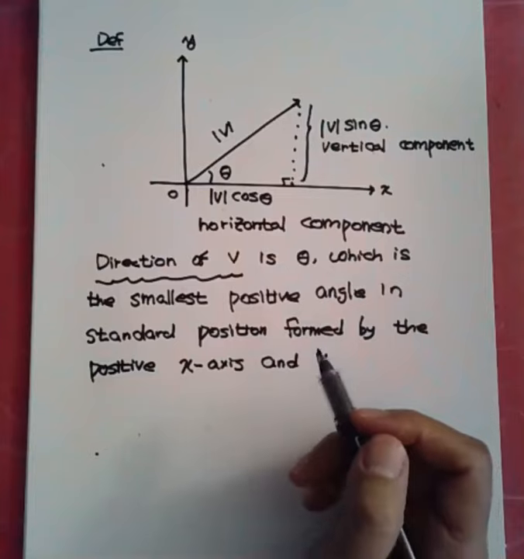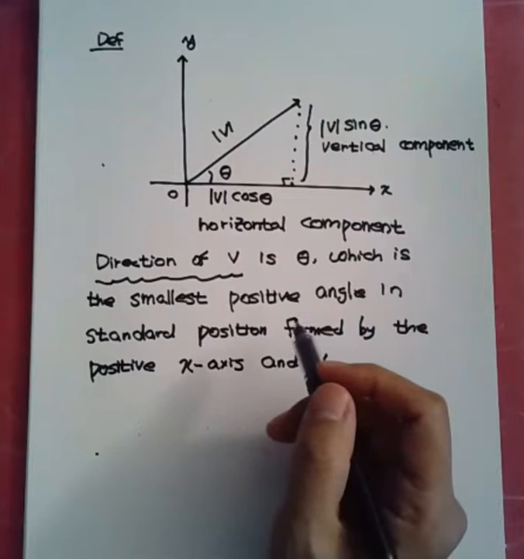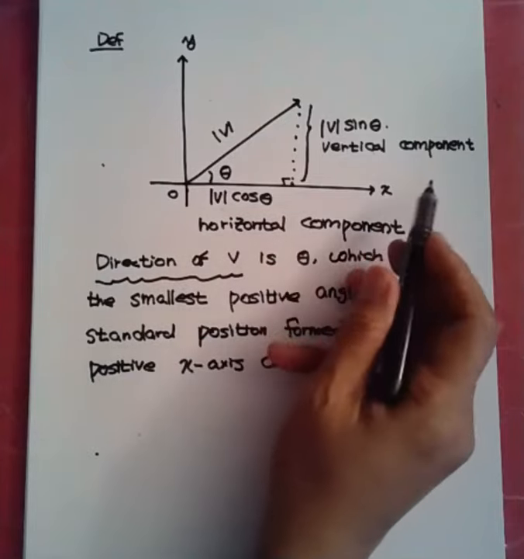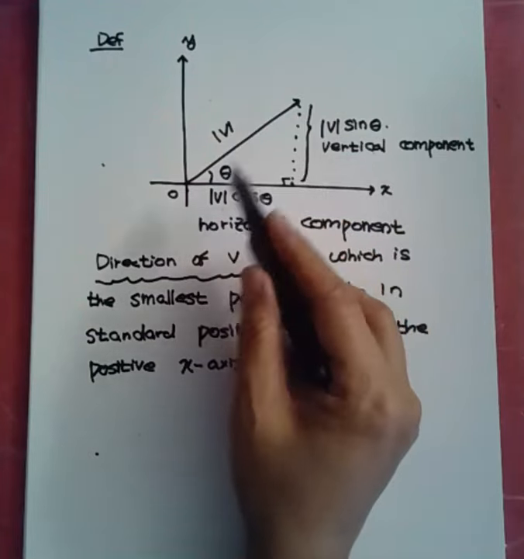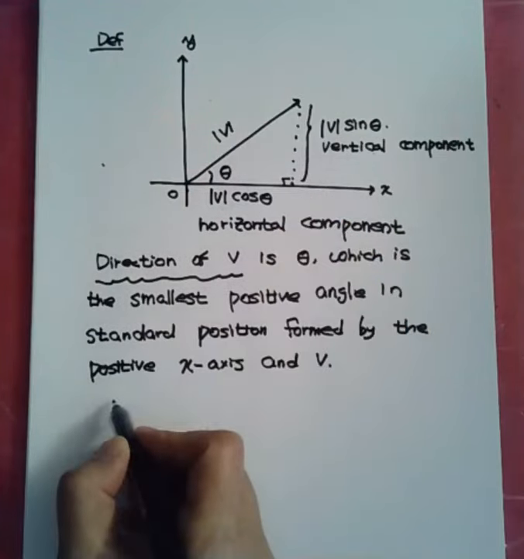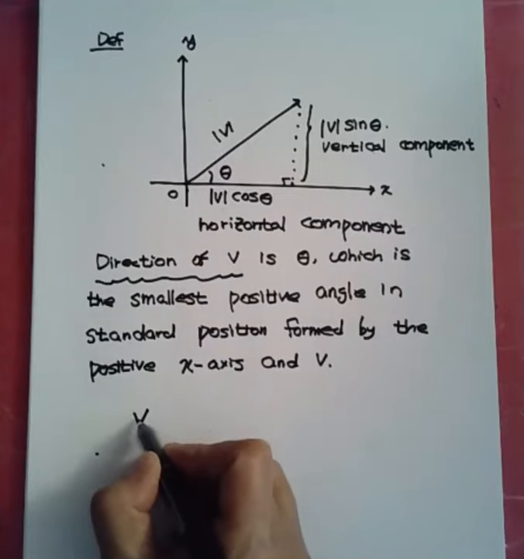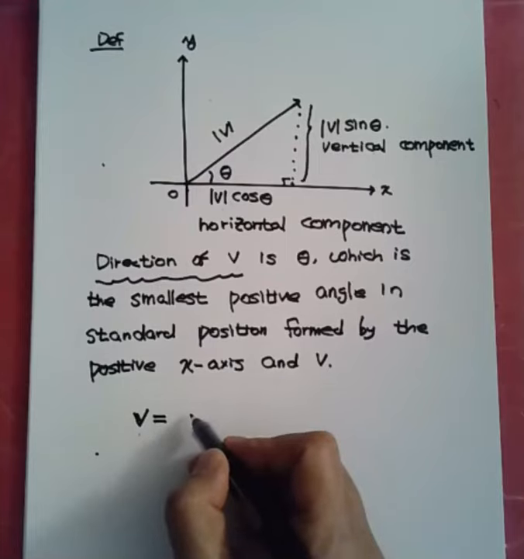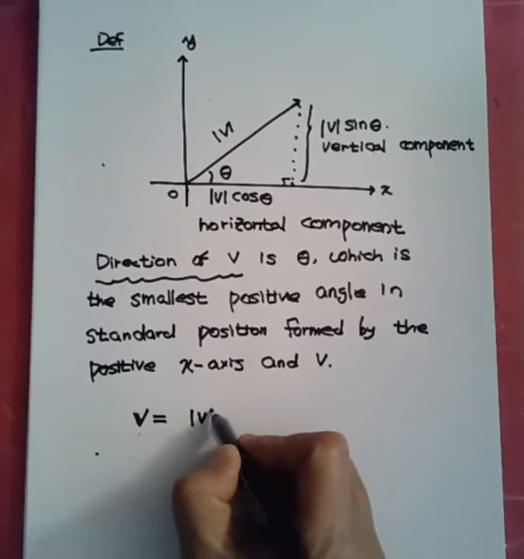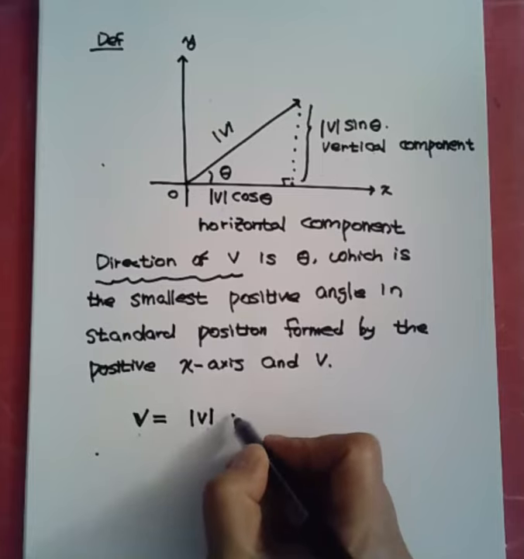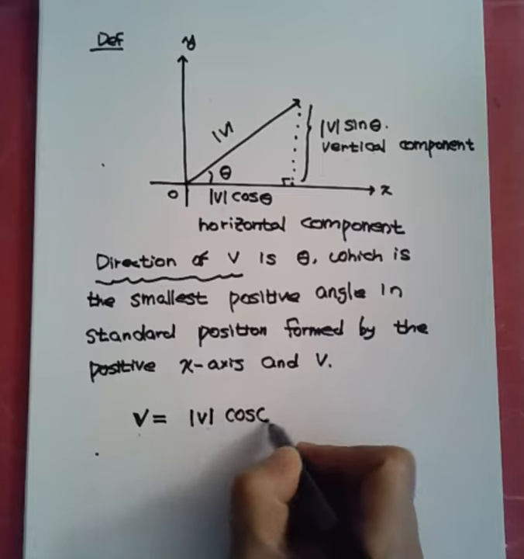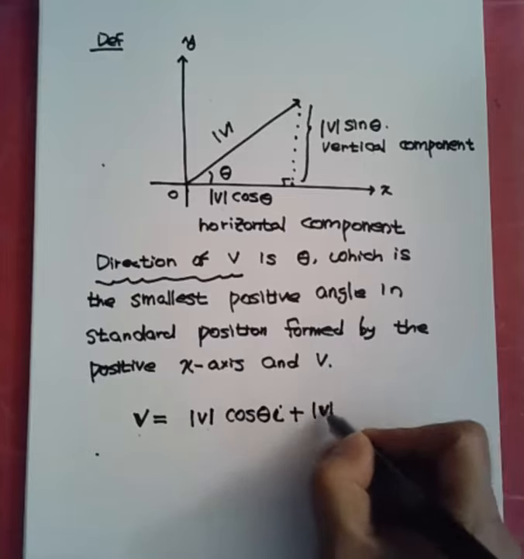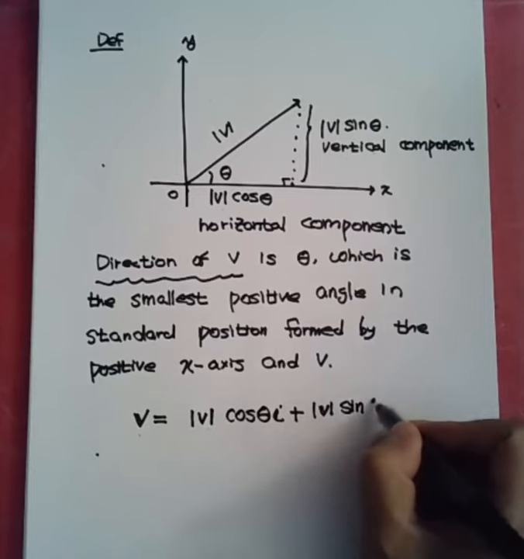When we know the direction of v, we can figure out the horizontal component and vertical component by combining with the length of the vector. So by using the direction of the vector, v can be written as the magnitude of v times cosine of theta i plus magnitude of v times sine of theta j.